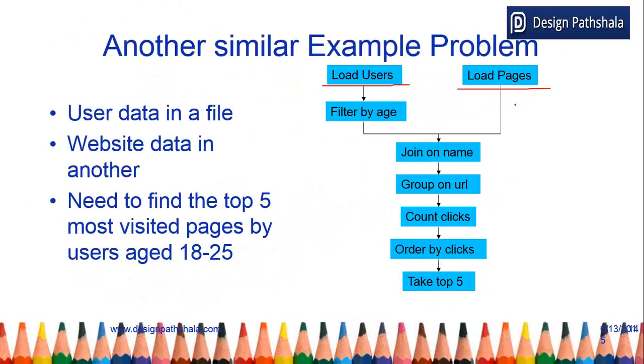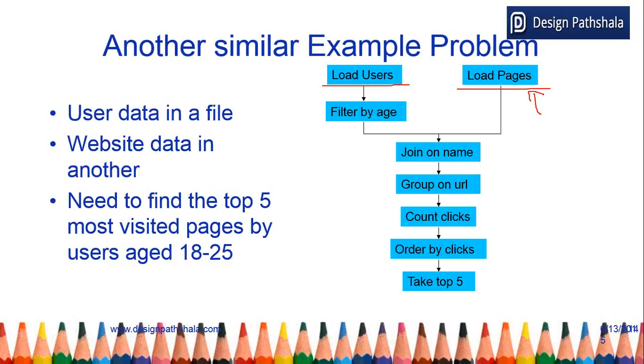This clickstream data contains the URL as well as the user ID, that is, the user who has visited the corresponding URL. The user file will have the user-related parameters like user age, name, and user ID and similar things. The pages file will have the URL and the user ID who visited it and some other data.